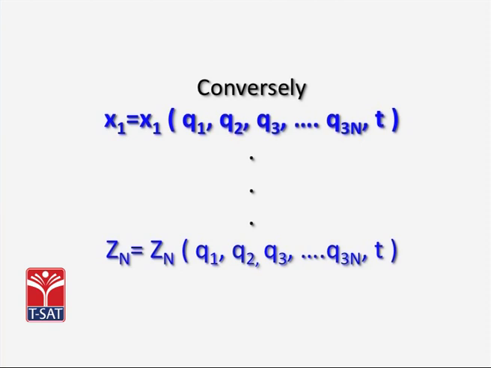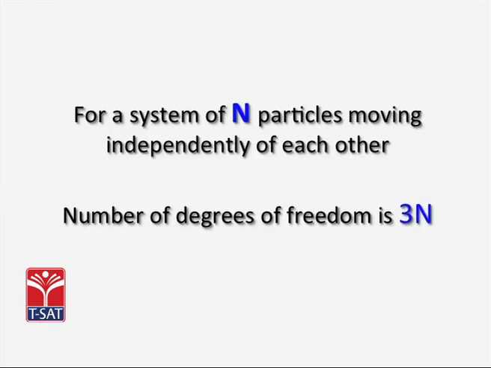This is how Lagrange introduced the coordinates. For a system of n particles moving independently of each other, the number of degrees of freedom is 3n. Like that, these large numbers of degrees of freedom will help us to understand the equations.